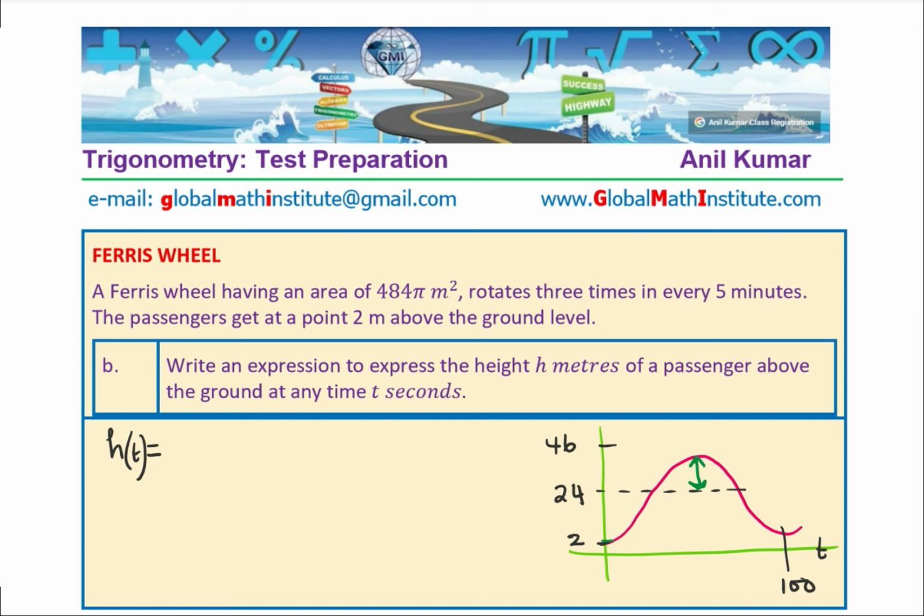Which is the same here, this or this, correct? And since we are starting from the minimum value, that is our starting point, it is like minus cos. So I'll write this as minus, and amplitude being 22, correct? So this is the amplitude A.